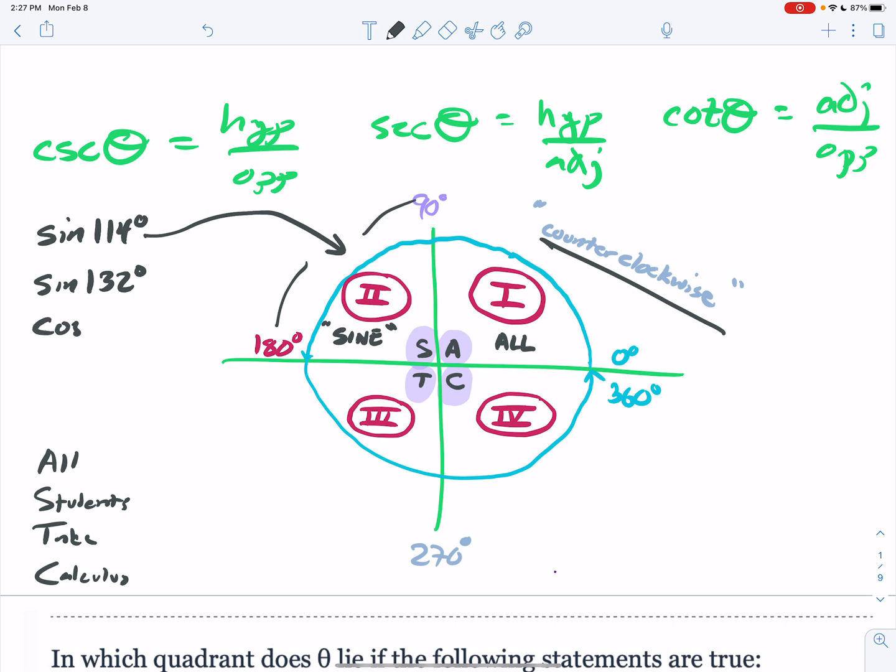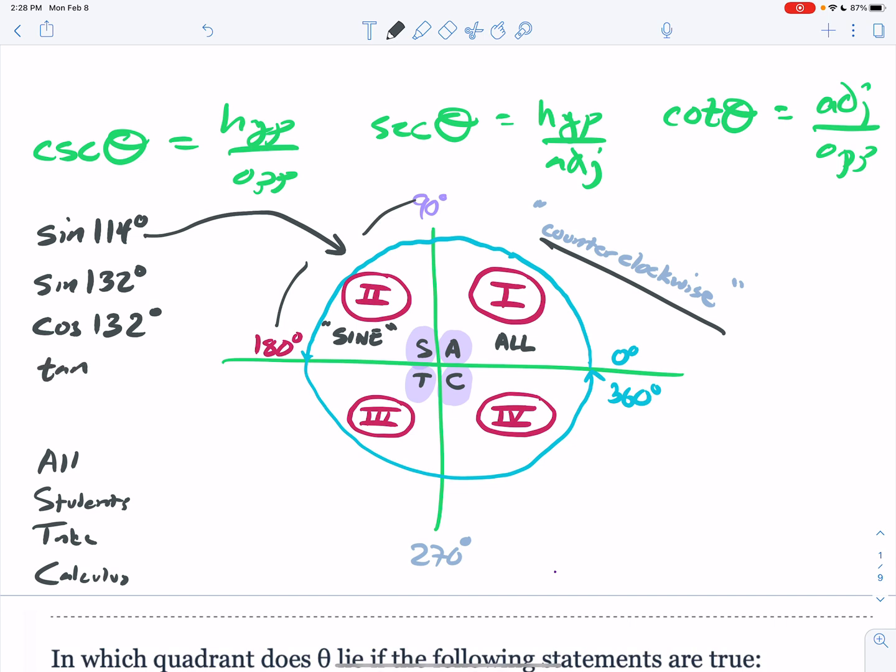But what if you were to take the cosine of 132 degrees, right? Let me go ahead and type that here. And make sure you're in degree mode, okay? The cosine of 132 degrees is negative 0.669. Notice how that came out negative, right?